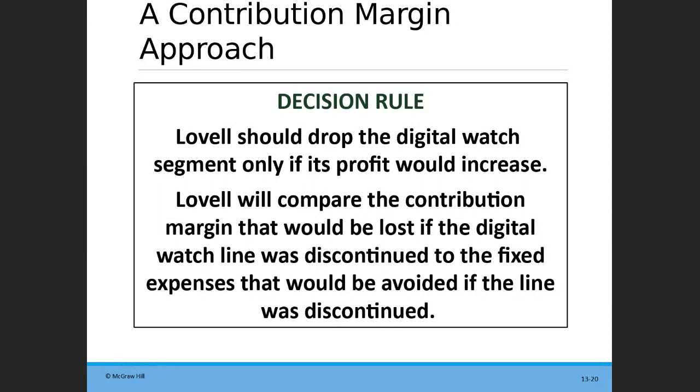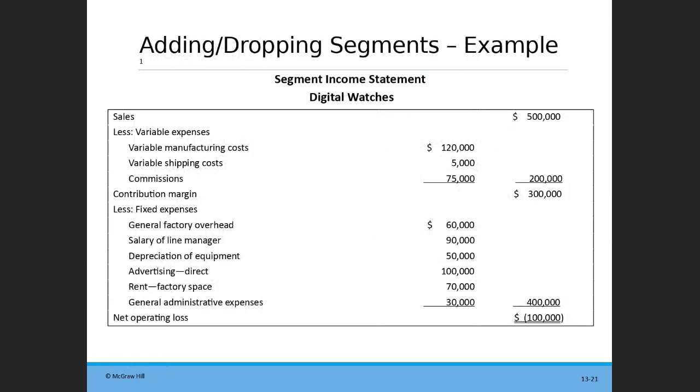However, they are selling, so they do contribute, and we have to think about our fixed expenses that would still be around, that we no longer have this segment to contribute to.